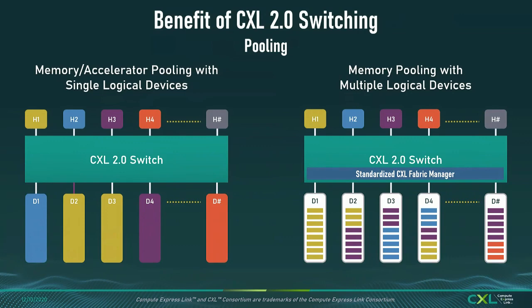The next major attraction, and this is one of the major attractions which is enabled by the switching functionality, is pooling, also known as disaggregating resources. If you look at the picture on the left, you see multiple hosts represented as H1, H2, H3, H4.